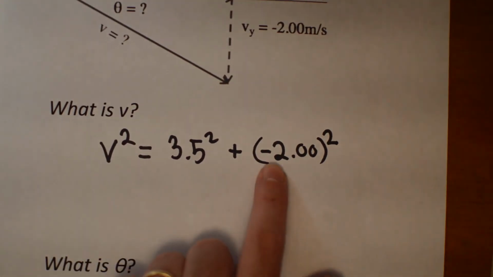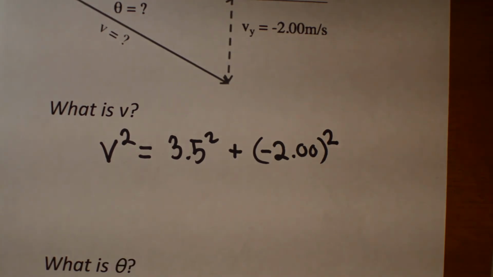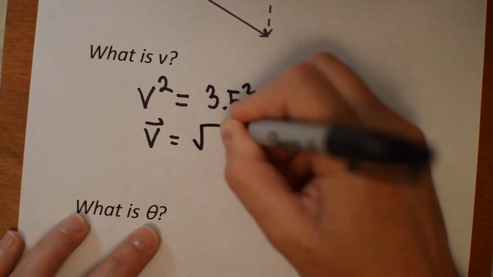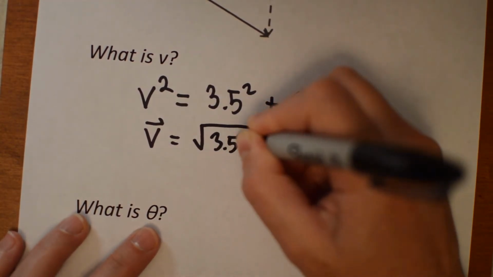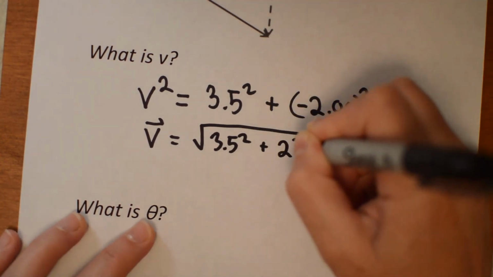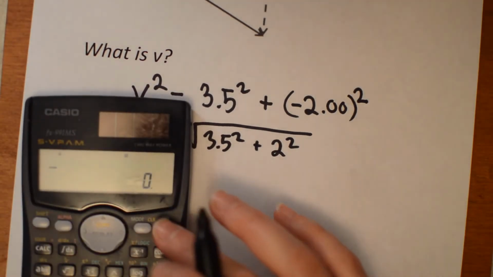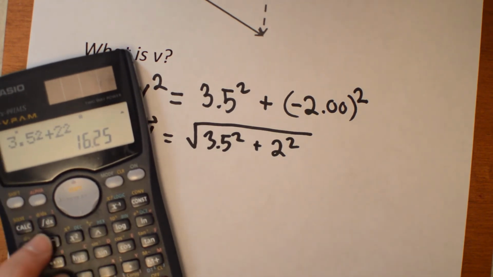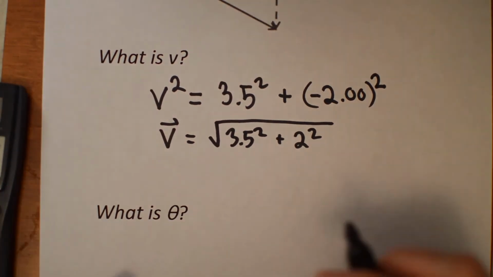Of course, if I square a negative, I just get a positive anyway, so that negative sign isn't influencing anything at all. V on its own, it's going to be the square root of 3.5 squared plus 2 squared. You can do negative 2 squared, but it makes no difference at all. So just do 2 squared, square root that whole thing to get your velocity.